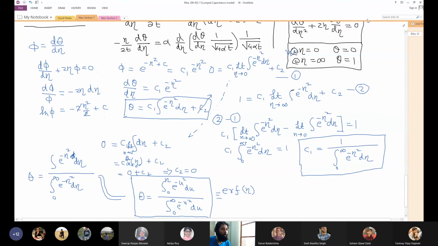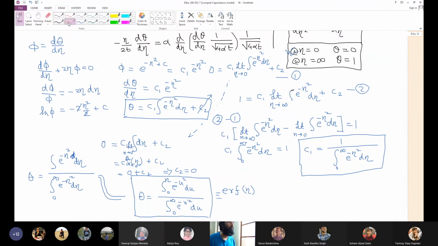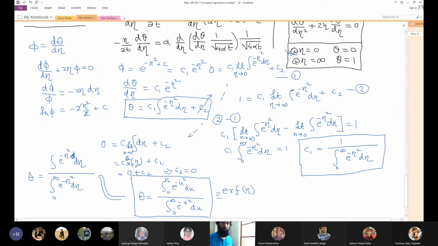So after C1, C2 evaluation, what I did is I just substituted C1. This step should be fine. This step is a little bit, I jumped a couple of things here. So it's easier if we go back from here and see whether we get this thing from this thing. So suppose we integrate this.